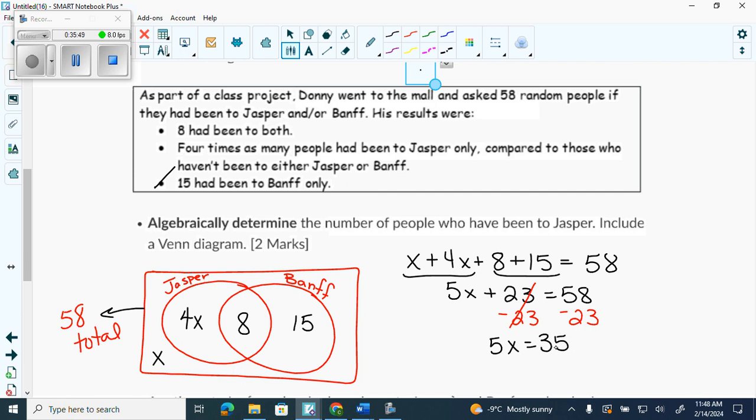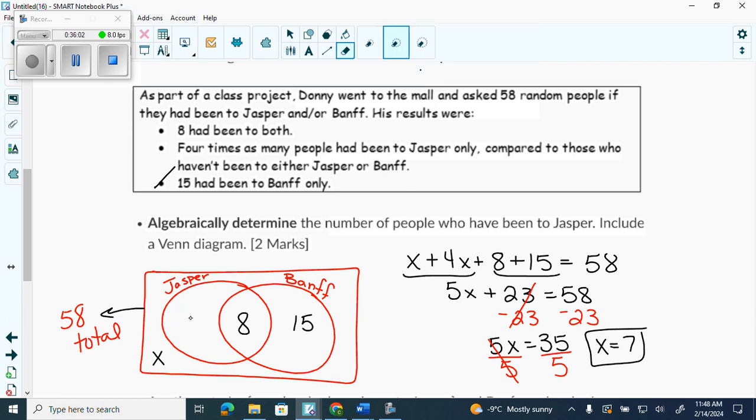So we divide by 5. X equals 7. Cool. So then this wouldn't be 4x now. What would it be? 4 times 7, which is 28. And then this one would be 7.